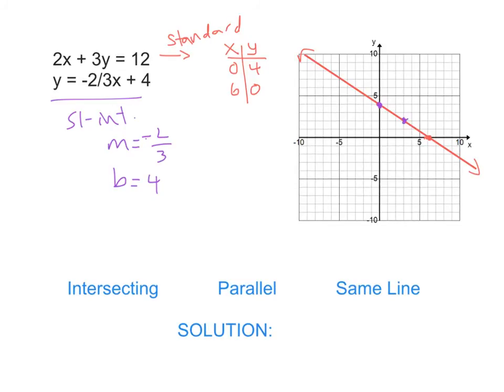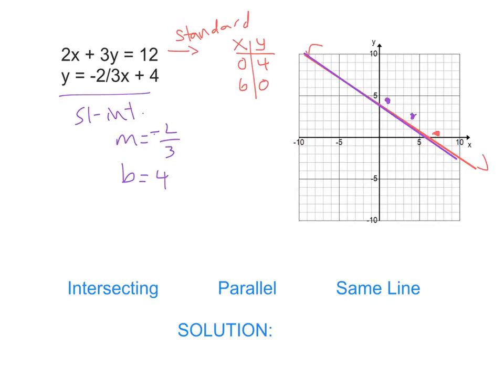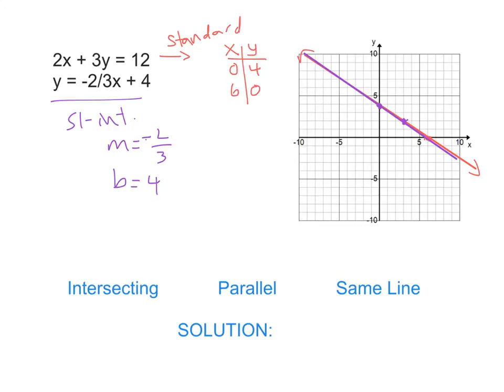And so now if we draw that line through those 2 points, the purple points, we will get the same line. Sorry, this won't let me. There we go. We're going to get the same exact line. Well, if we have the same line, then the solution is any point that's on that line.